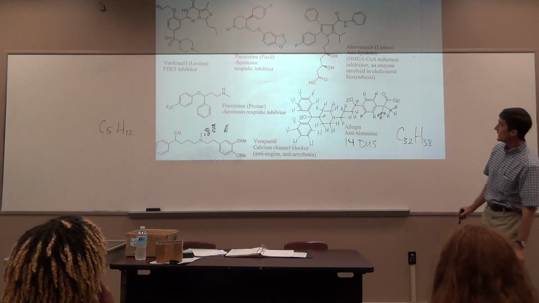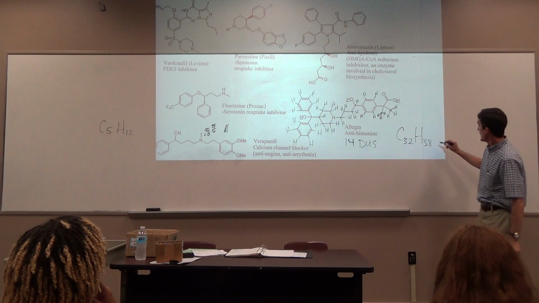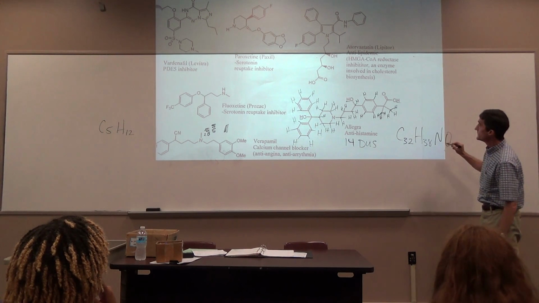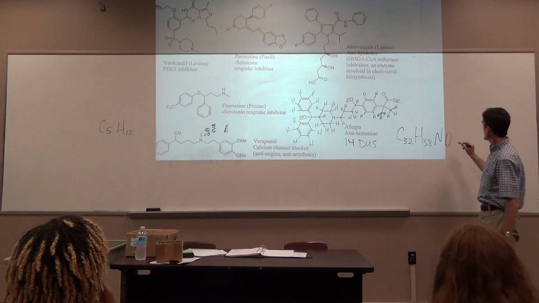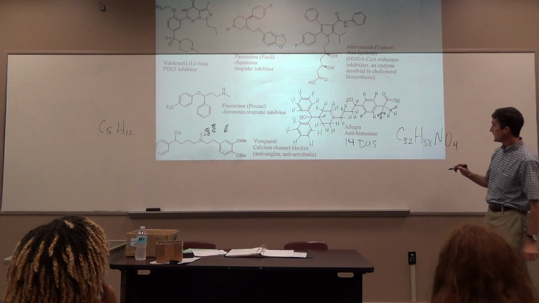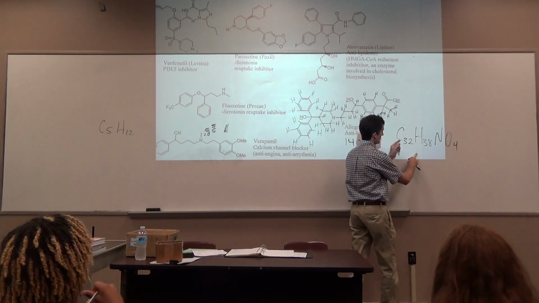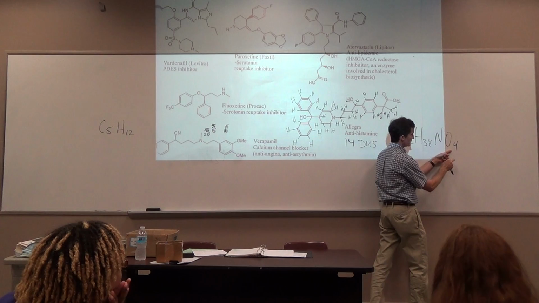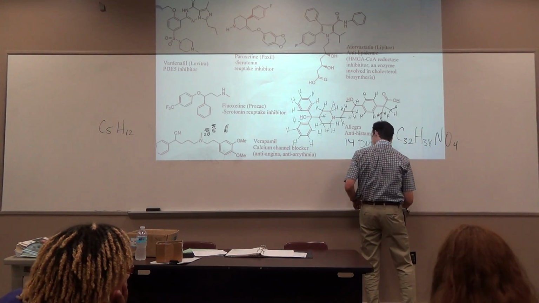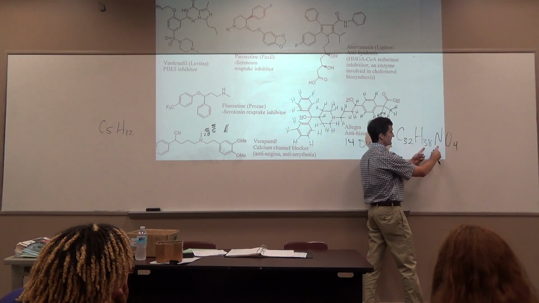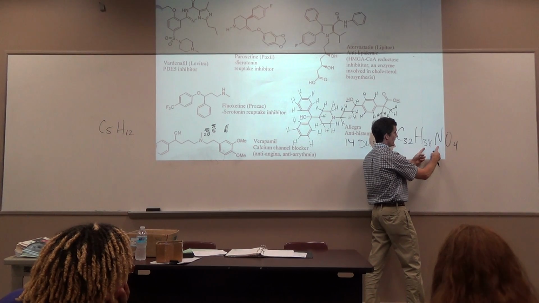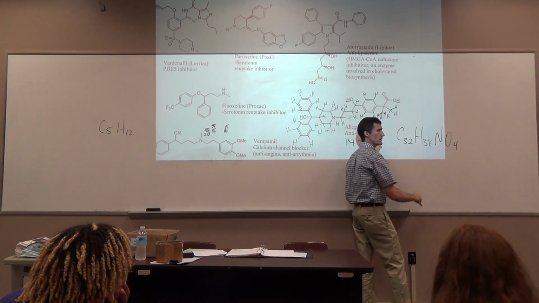Okay, what else is here? NO4. Okay, how many DUS? What do we do with oxygen? Ignore it. What do we do with N? This is not right, because that's going to make it odd.